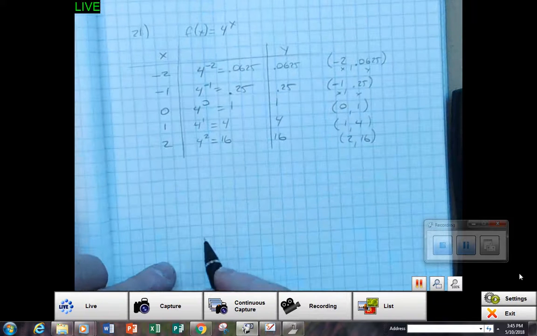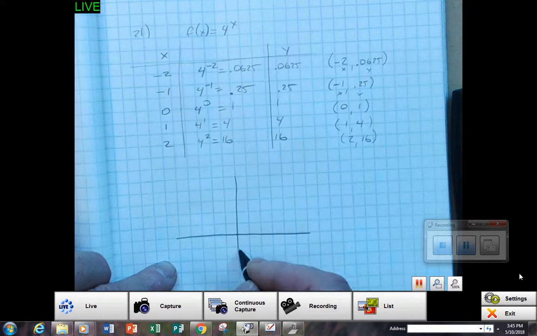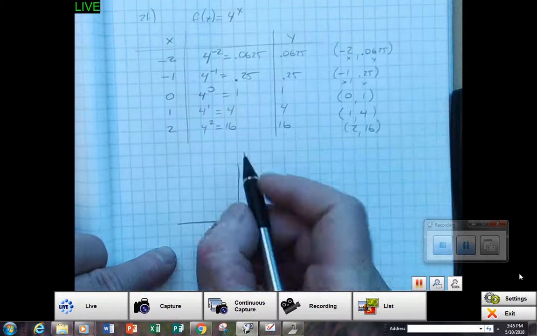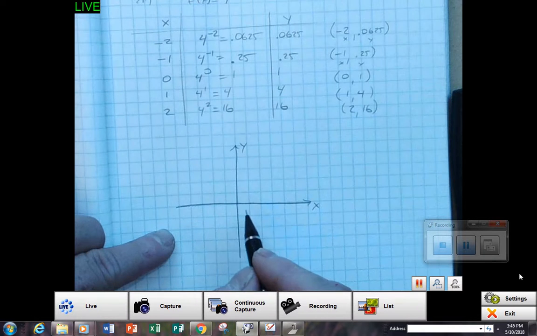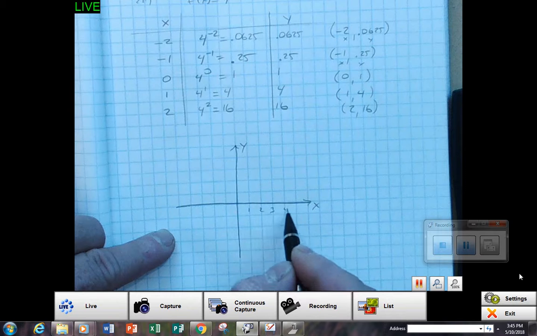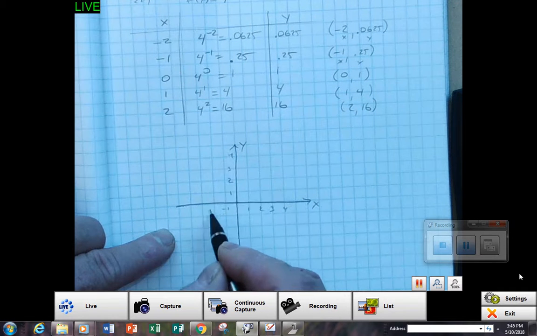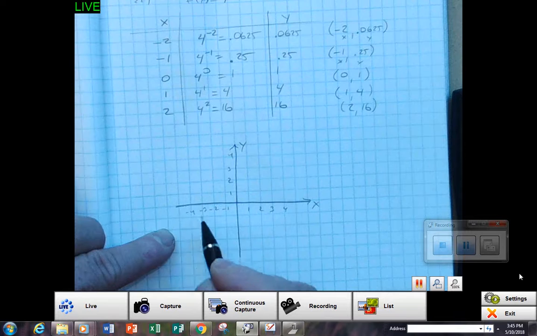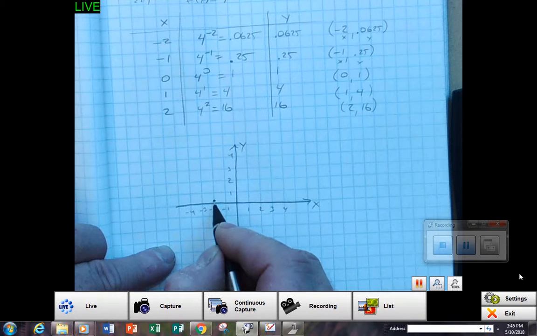So when I graph that, a good representation will be, with this being the y-axis and x-axis, going up by 1s. Negative 2 for x, barely going up at all, 0.0625.